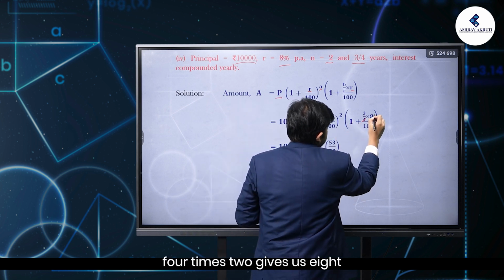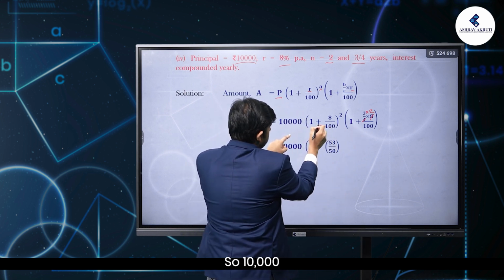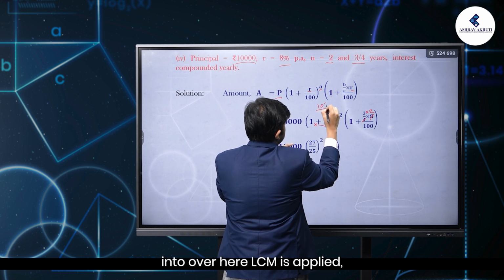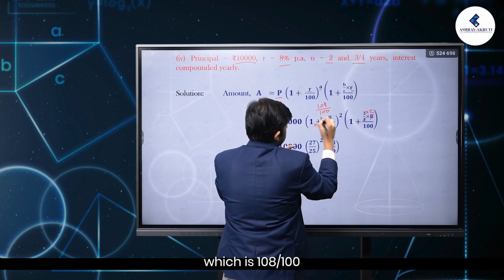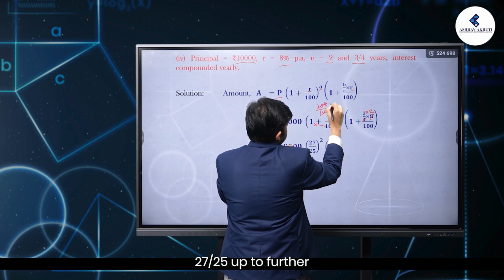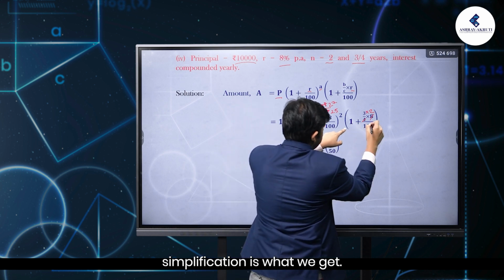Further simplifying it, 4 times 2 gives us 8 and 3 into 2 is 6. So 10,000 into, over here LCM is applied, which is 108 by 100, and 27 by 25 after further simplification is what we get.